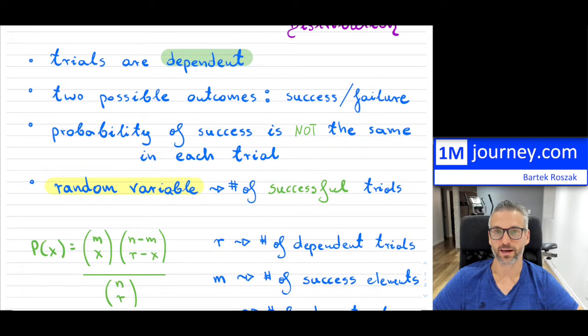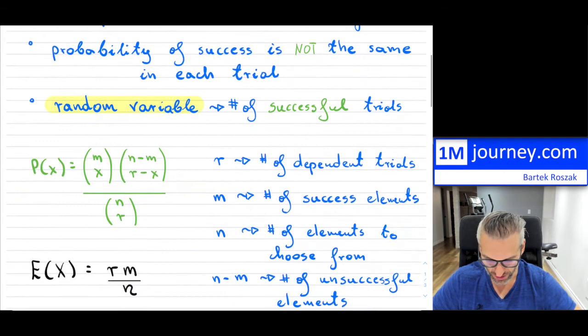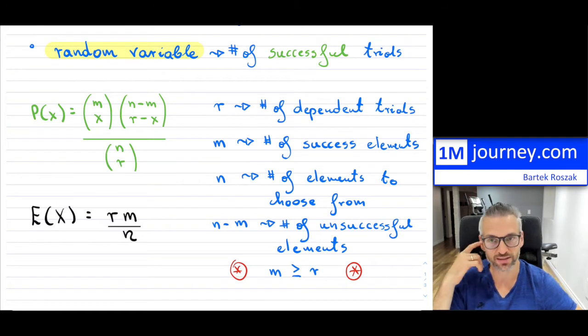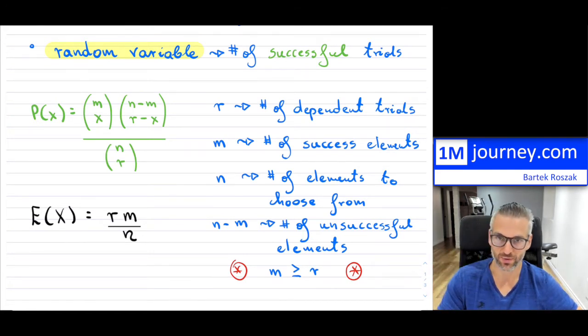Now, the one key difference here is that the probability of success is not the same in each trial, and you'll see why. So let's dive in, and then I'll come back and try to explain some of these terms to you, and then you can hopefully appreciate the random variable and then the probability distribution itself. I'll use decimals to try to map it out for us as well.